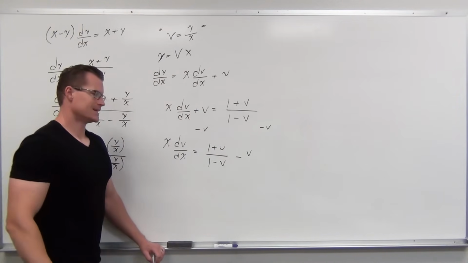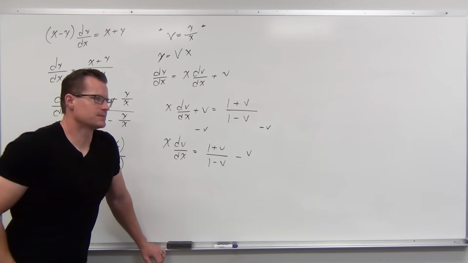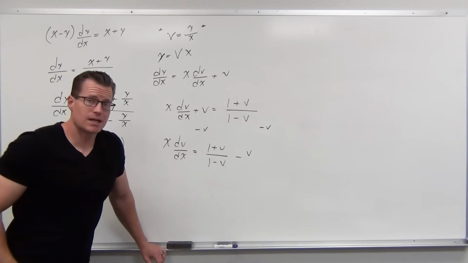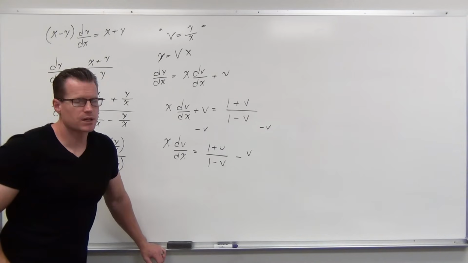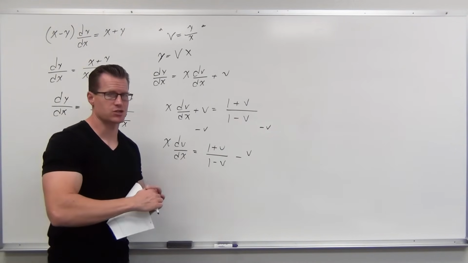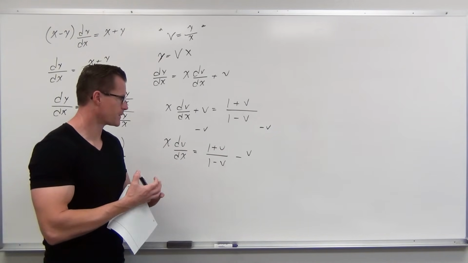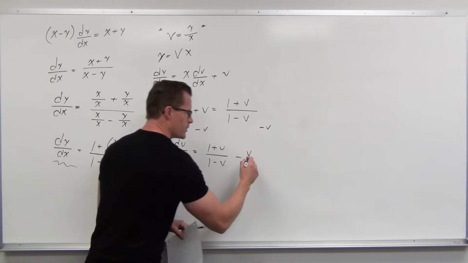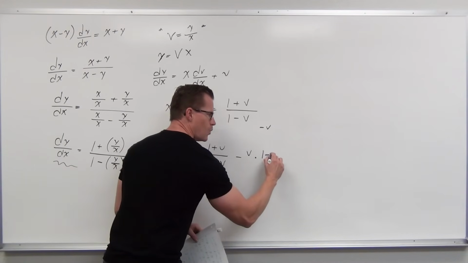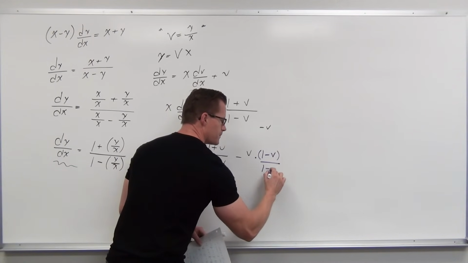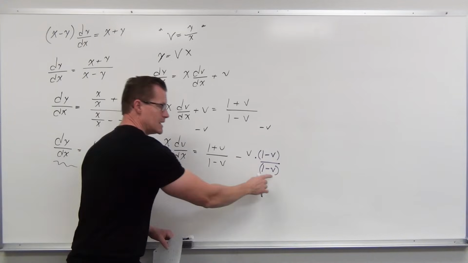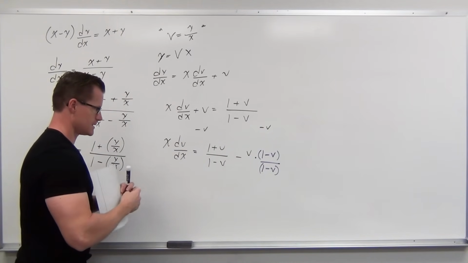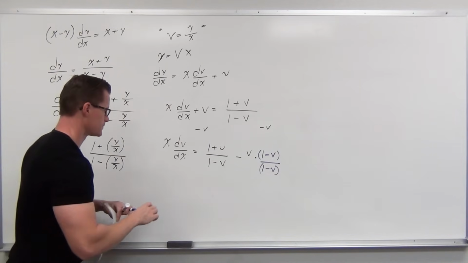Now, if we're going to do something like separable equations with separated variables, we're going to need one fraction here. So we're going to take the time and write that as one fraction. We're going to need a common denominator. So if we're going to make a common denominator, we multiply by 1 minus v over 1 minus v. Okay, starting to look a little nasty here, but let's see what happens.